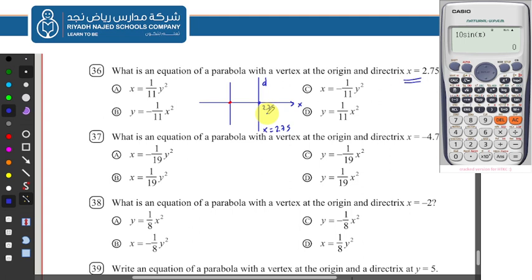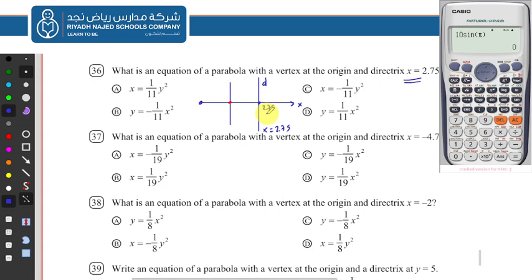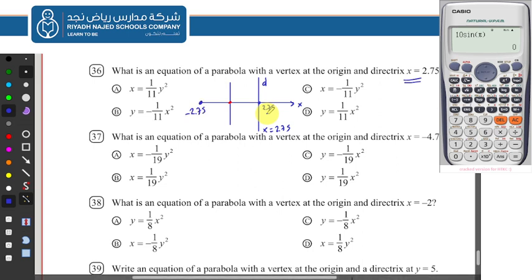And since the focus is on the other side of the vertex, then the focus must be here at negative 2.75, the other side.